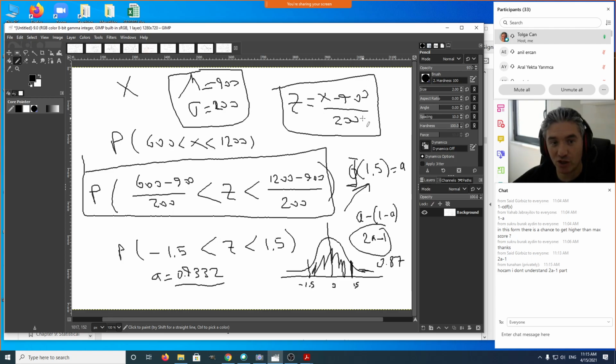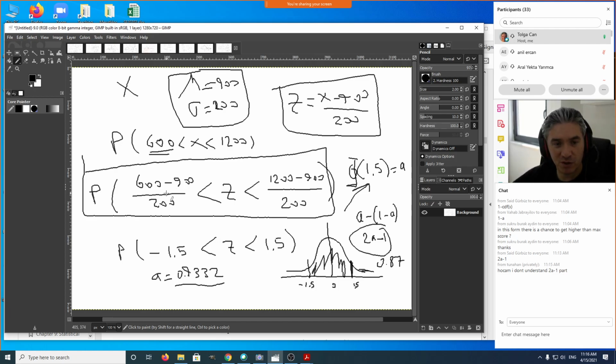So when these values, 600 coins per year income, are standardized to a z-score by subtracting the mean, 900, and dividing by the standard deviation, it means that it's minus 1.5 standard deviations away from the mean. And this one is 1.5.